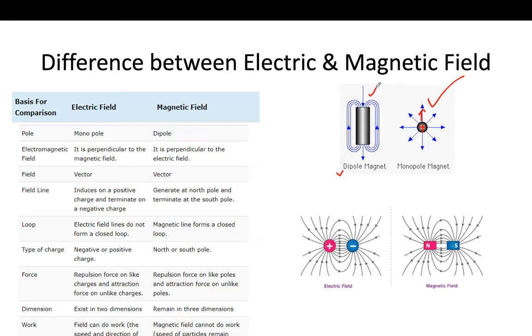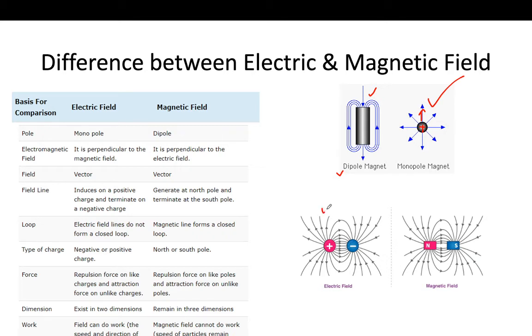Electromagnetic field: the electric field is perpendicular to the magnetic field, and the magnetic field is perpendicular to the electrical field. Both are vector quantities. Field lines start from a positive charge and end on a negative charge.